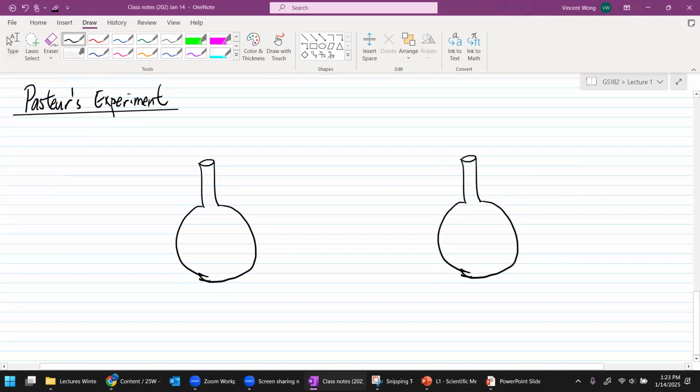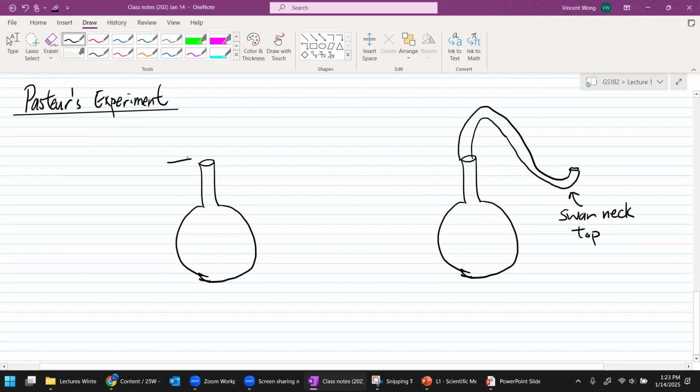And for one of them, he hooked it up to a special top. This is called a swan neck because it looks like the neck of a swan. And then over here, this is an open top.